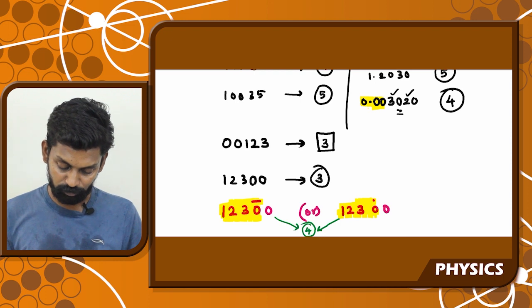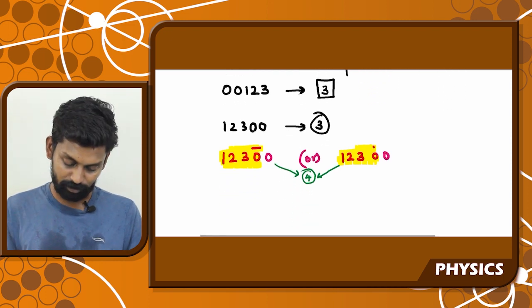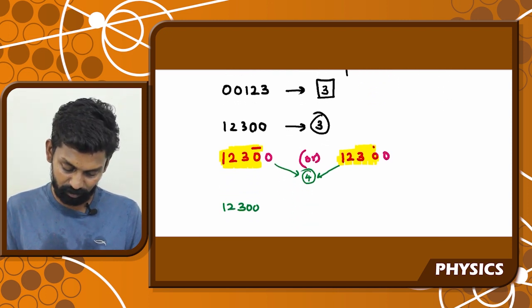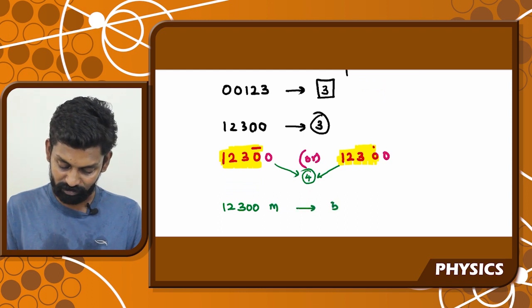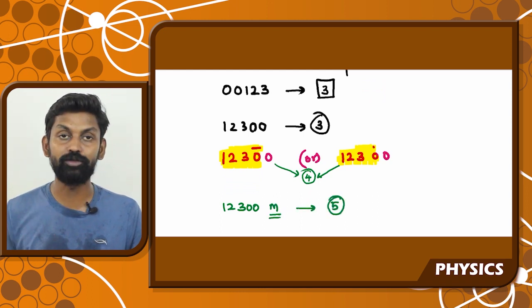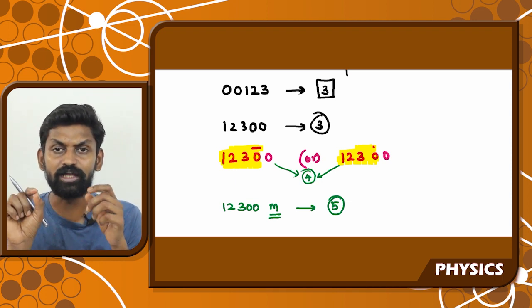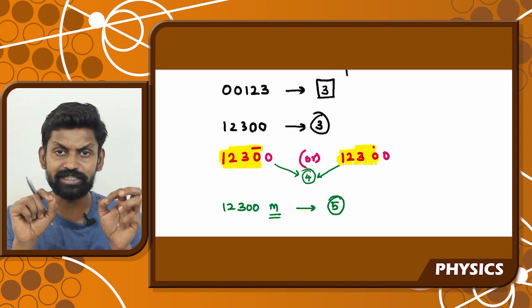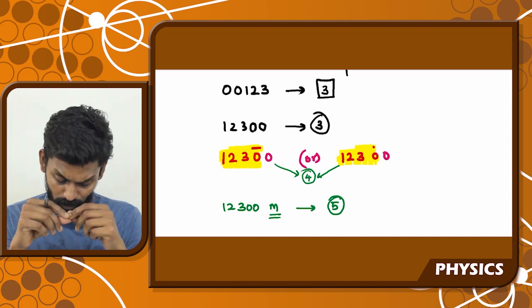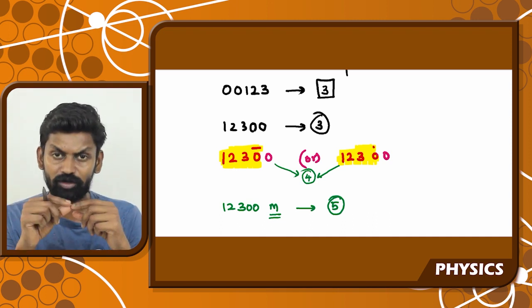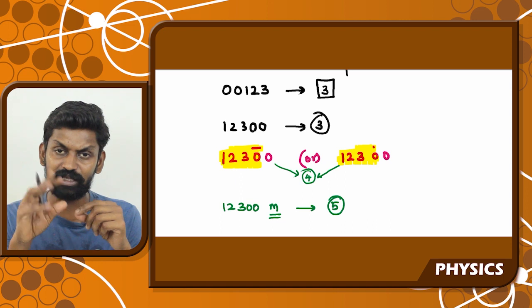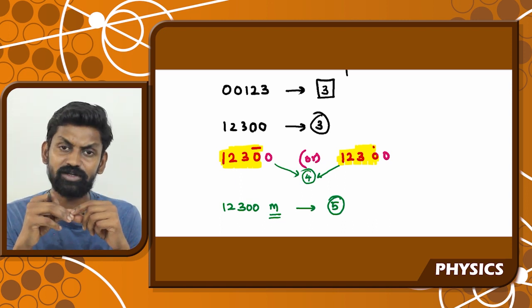Or you have to check for a unit. Suppose if I write 12,300 meter, then it has 5 significant figures whenever you talk about units. So either you have to put a small line on the top of the 0 to say it is accurate up to that particular 0, or you have to put a dot on top of a 0 saying that it is accurate only up to that particular 0.